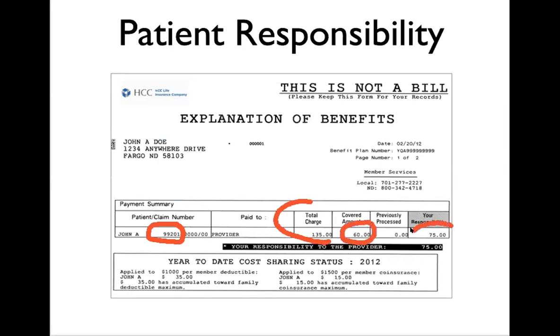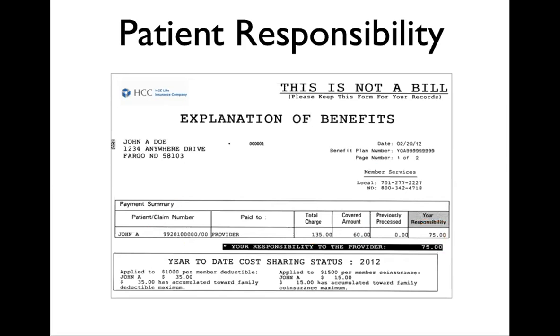And then look at how much they paid. A little further down here, you'll see that this patient has a $1,000 deductible, and then they have a $1,500 per member co-insurance. So apparently this person has not met their deductible, and that's why they have to pay this whole $75.